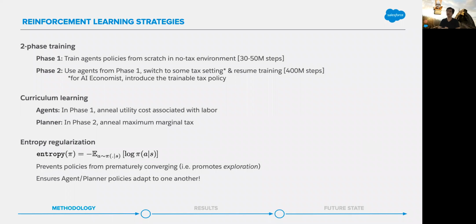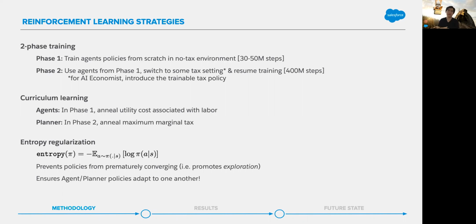This helps with stability. And the third thing is entropy regularization, and this is very, very commonly used. Entropy regularization means that you try to keep the entropy of the policy relatively high for some amount of time. And the general benefit of this is that you prevent policies from prematurely converging to perhaps a suboptimal solution.